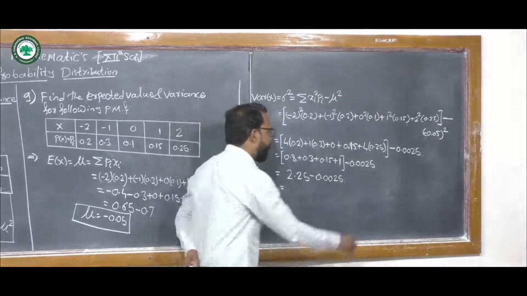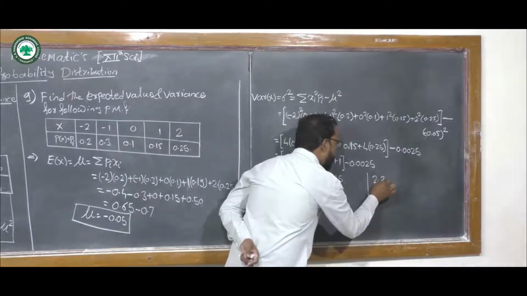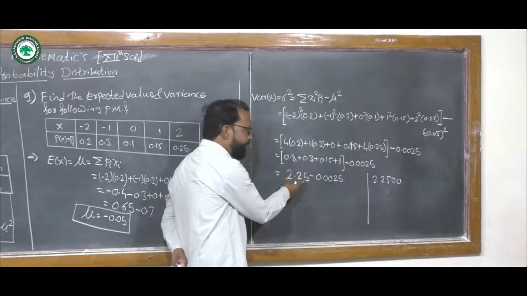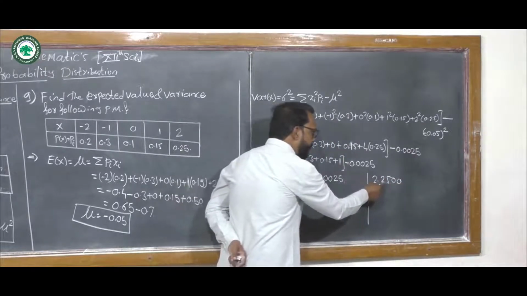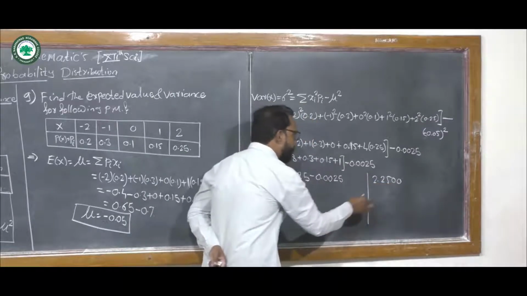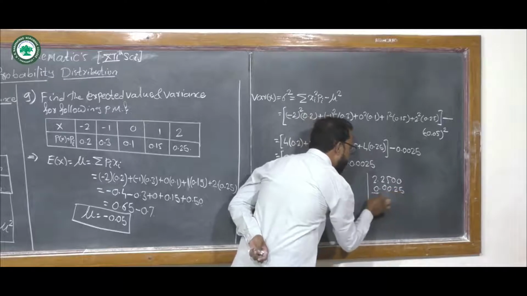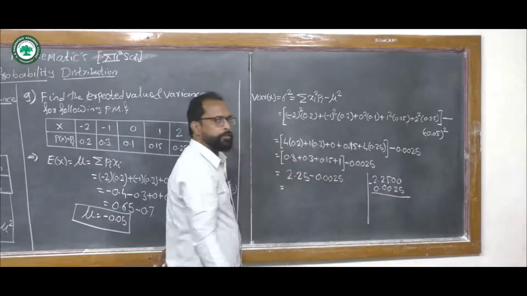This can be written as 2.2500 minus 0.0025. Now take this subtraction.